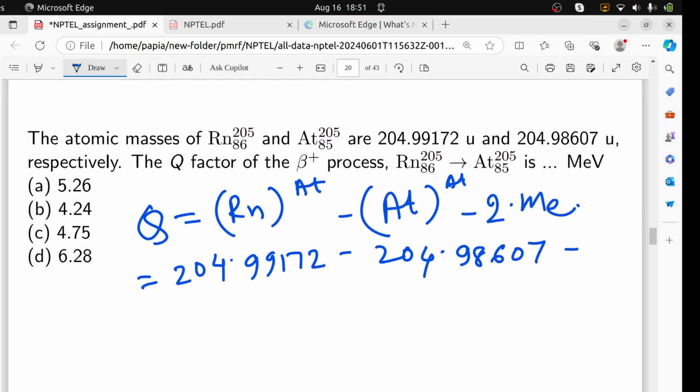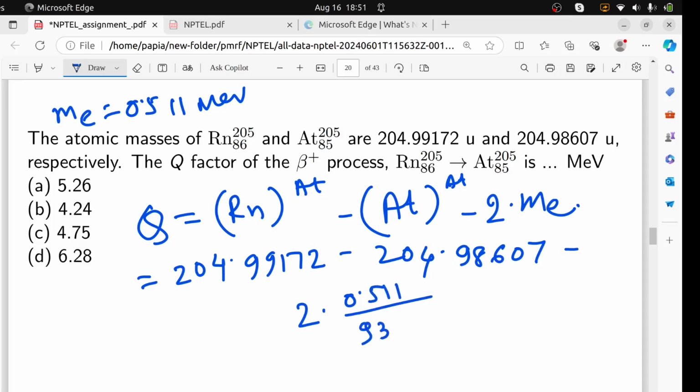Now see me. Me was 0.511 MeV. So it will be 2 into 0.511 divided by 931.5. So the whole will be in U. But they are asking in MeV. So okay, it's fine. Whatever we get will be multiplied by 931.5. That's it.